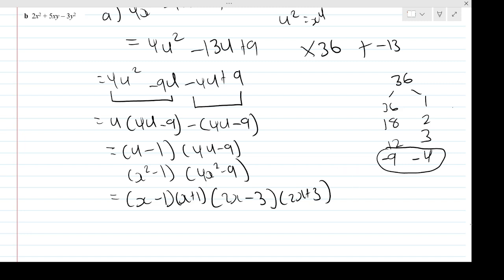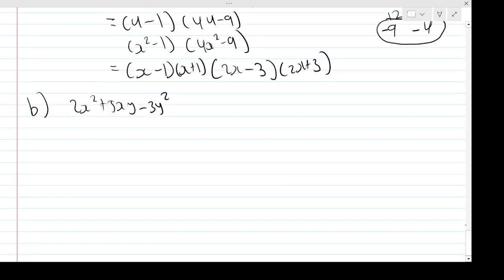Okay, part B. Part B is a proper hard question. We have 2x squared plus 5xy minus 3y squared. The key difference this time is we've got another algebraic term involved. We've got a y, okay?